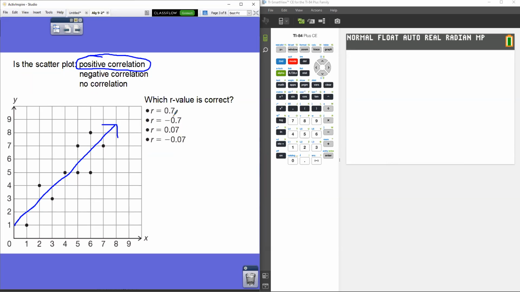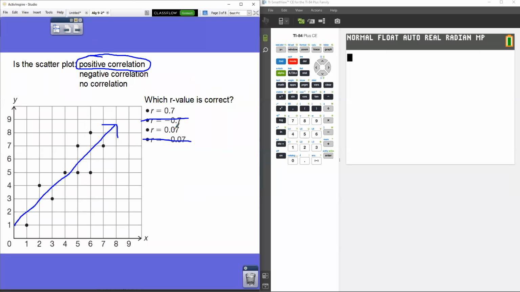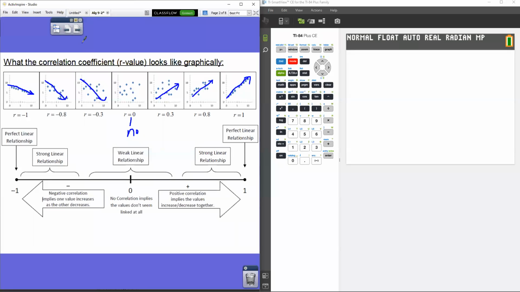The way that I would take a look at these questions is obviously if it's positive, the negative answers are wrong. So it has to be either this first one or this third one. Now, an R value of 0.7. 0.7 is close to 0.8. Take a look at what 0.8 looks like. The dots are closer together, where our other choice is 0.07. 0.07, think about that in terms of money.